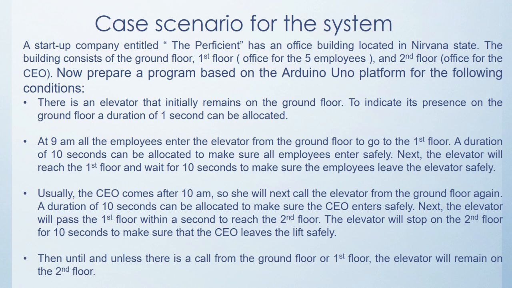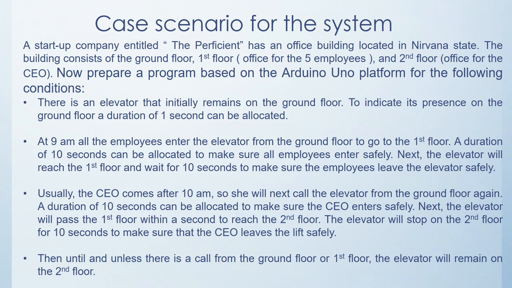Next, since the CEO and the employees have entered their destined offices through the lift, through the elevator, they will continue their work in the office for a certain period of time, isn't it?